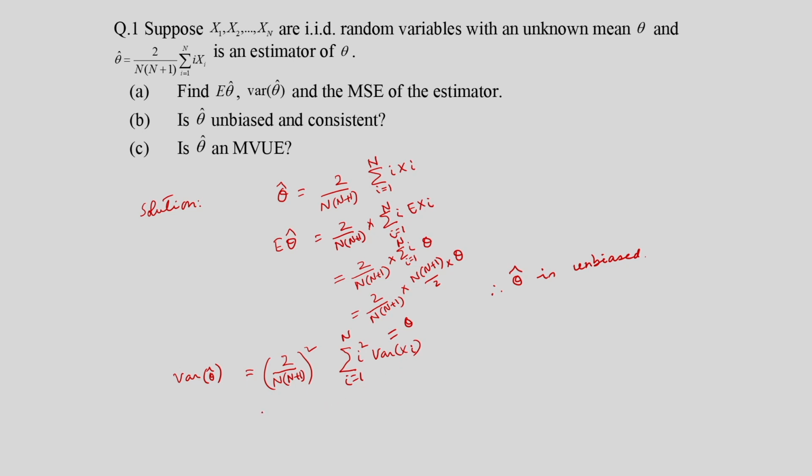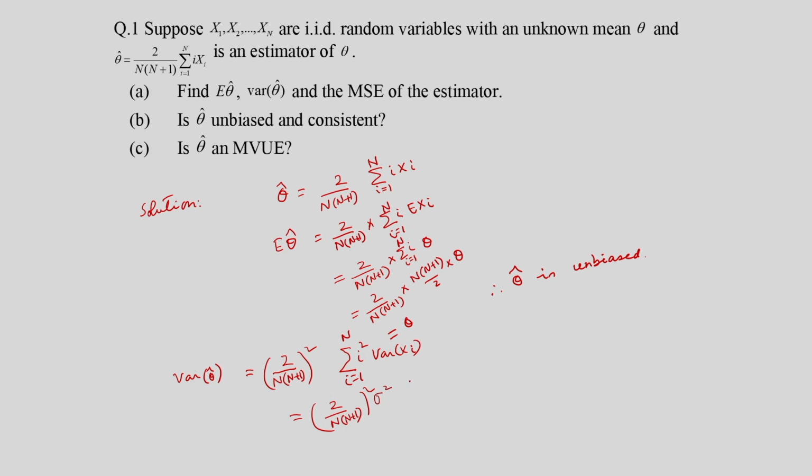So this will be equal to 2 by n into (n plus 1), whole square. Now, the variance of Xi: this is IID, therefore the variance of Xi is the same for all Xi's, so we can take it out. Let this be sigma square.